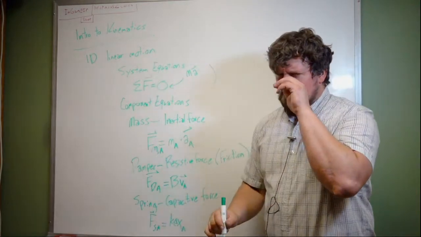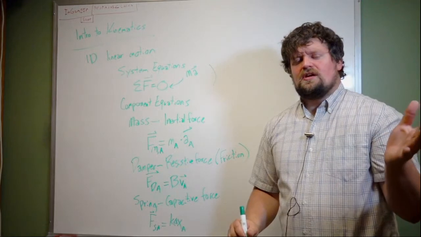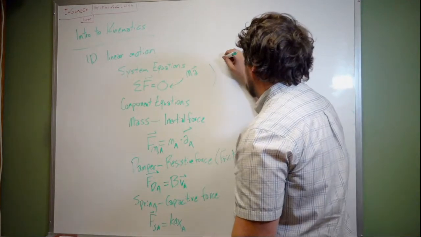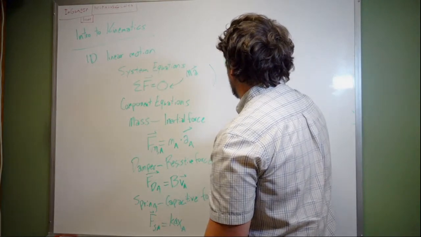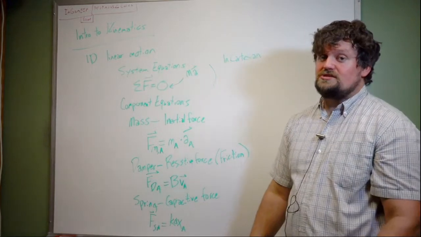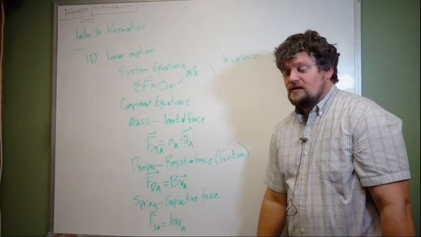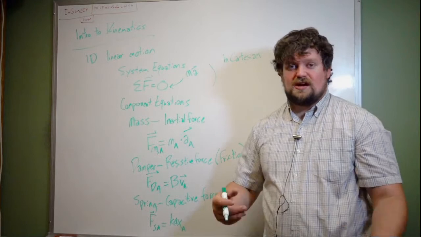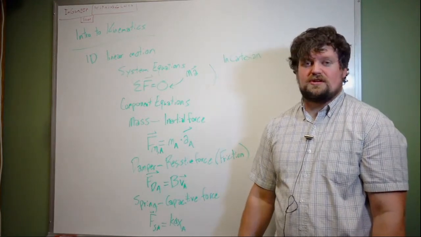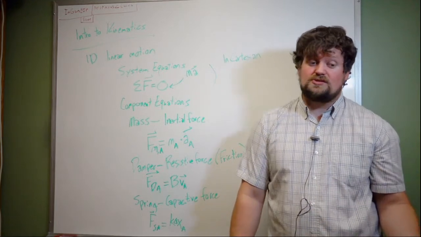But you have all of your relationships between your motion. You have Cartesian, though we may or may not be working only in Cartesian. We may be working in other styles, such as tangential and normal components, or radial and transverse components. We may be working in those too.